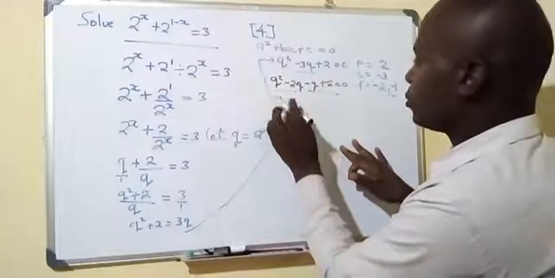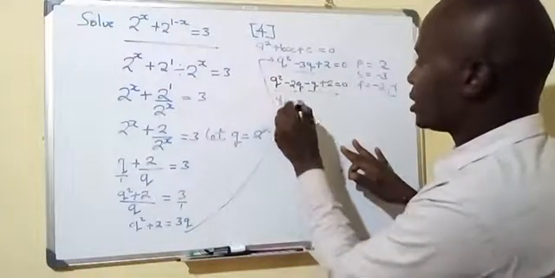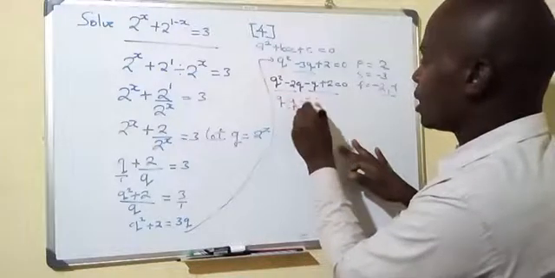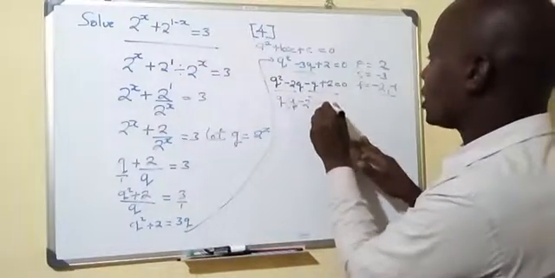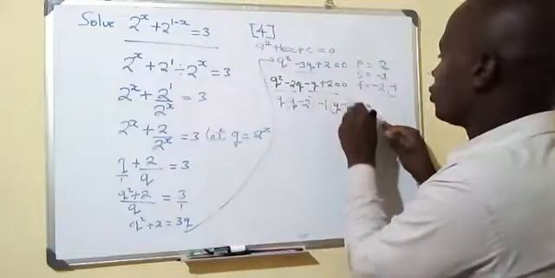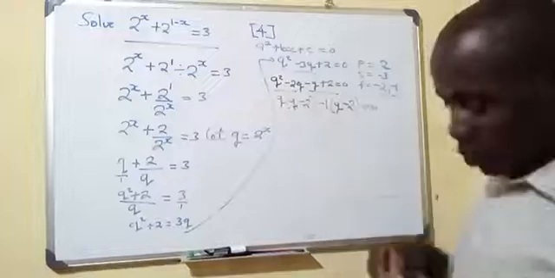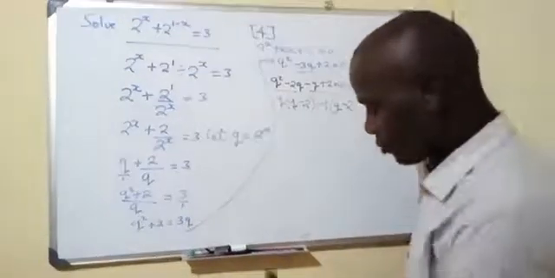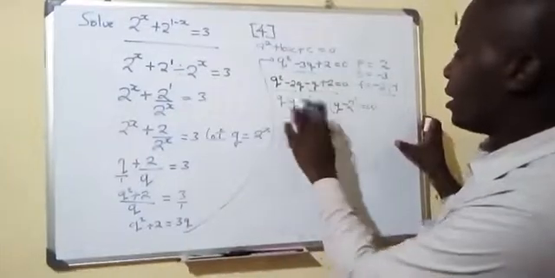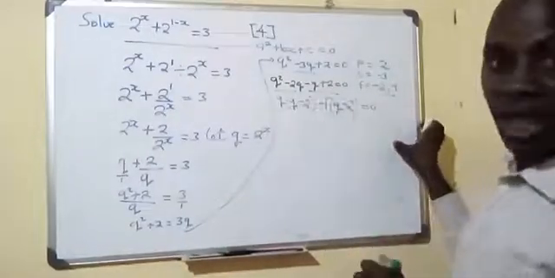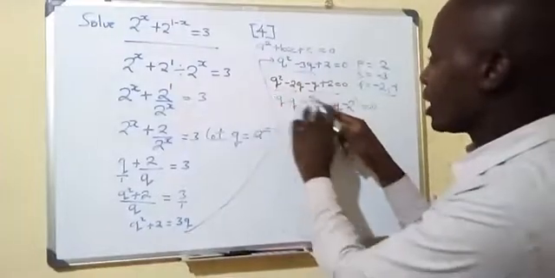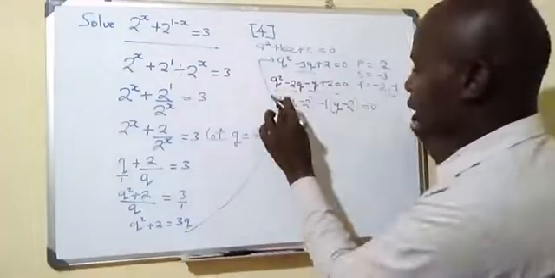It is q. And I'll write open bracket, I'll have q minus 2. Then this one, it is negative 1. Then I have q minus 2 is equal to 0. So I now factorize, since the terms in the brackets are the same, I'll just maintain one and also factorize these two, q and negative 1.